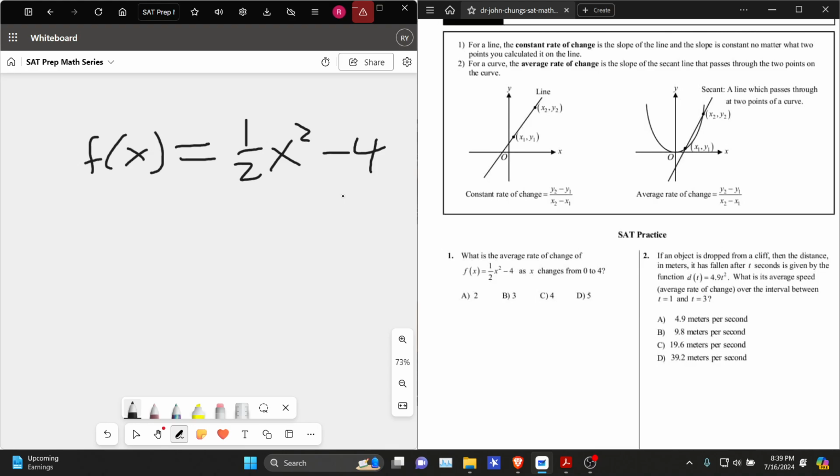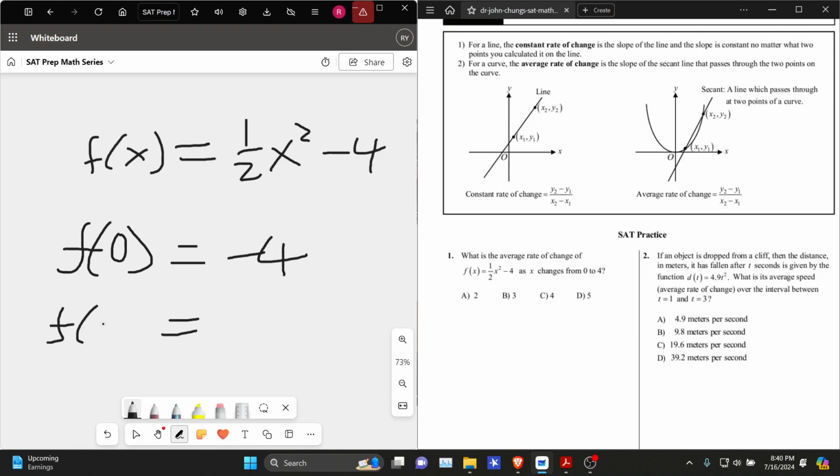How we do this one is we have to find 2 points, and the 2 x coordinates that are given are 0 and 4. Since we have the 2 x coordinates and we also have the equation, we can plug those 2 x coordinates into the equation, and we can find their respective y values.